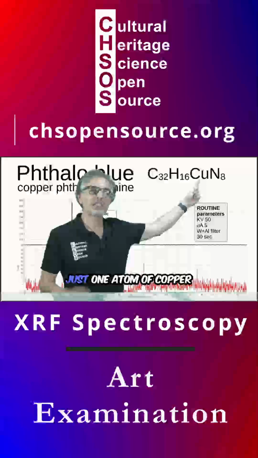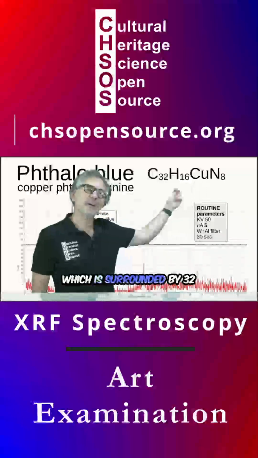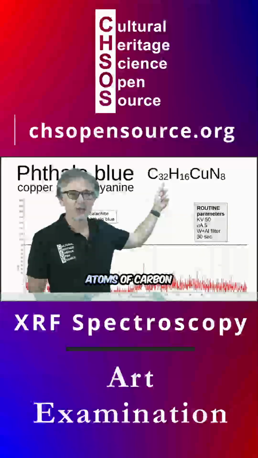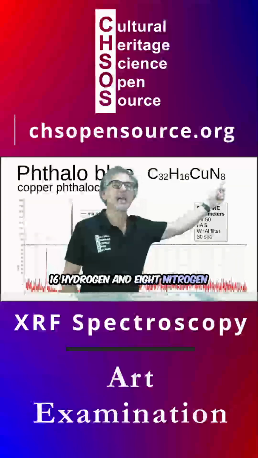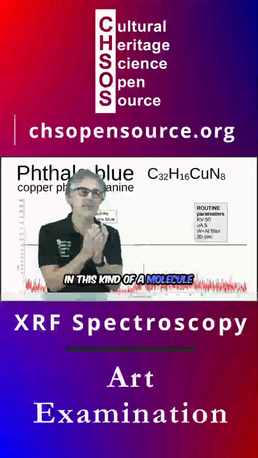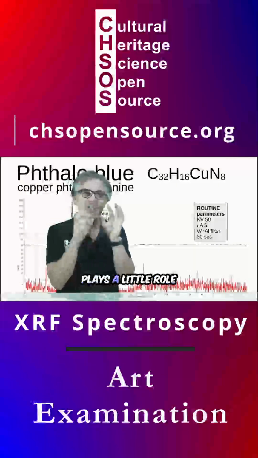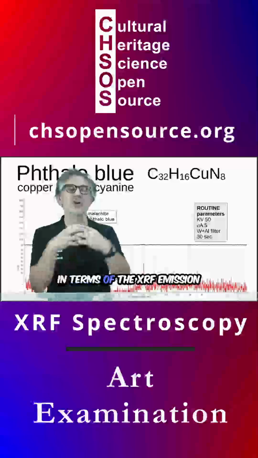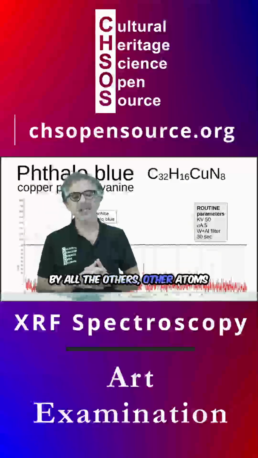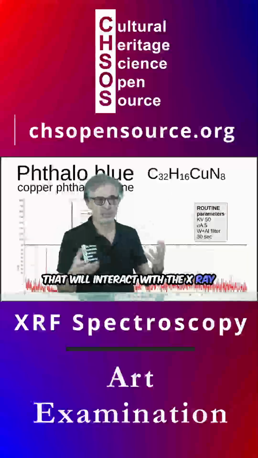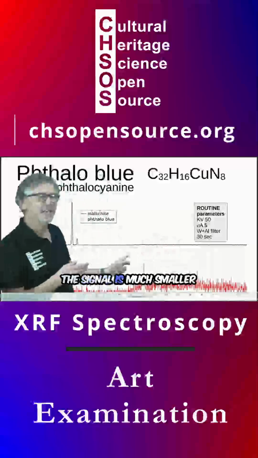We have just one atom of copper, surrounded by 32 atoms of carbon, 16 hydrogen and 8 nitrogen. In this kind of molecule, the copper plays a small role in terms of XRF emission, because it's surrounded by all the other atoms that will interact with the X-ray. This is why in these pigments the signal is much smaller.